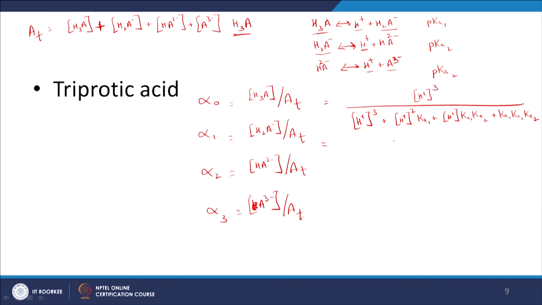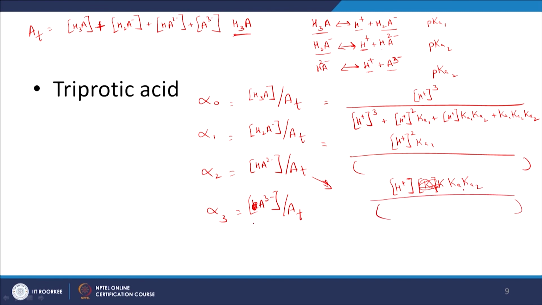Same case here, alpha 1 is going to be H+ squared into Ka1 by the same denominator as above, and alpha 2 is going to be equal to H+ into Ka1 Ka2 by the same denominator, and what is alpha 3 going to be equal to? It is going to be equal to Ka1 Ka2 Ka3 by the same denominator as above.